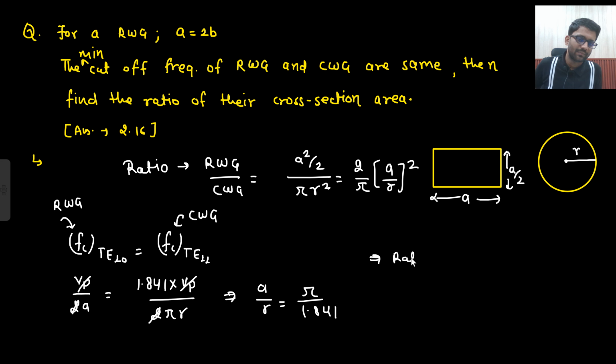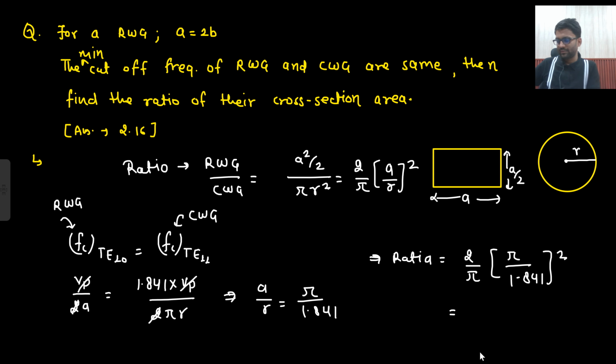So what is the ratio now? The ratio is 2 by pi into (pi by 1.841) whole square.